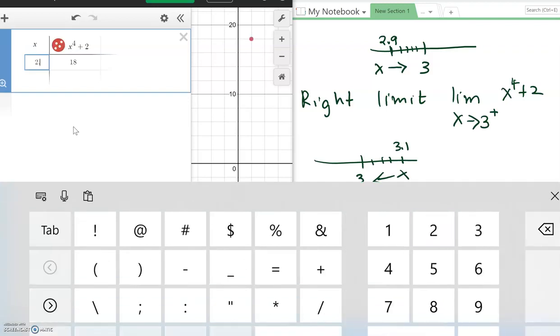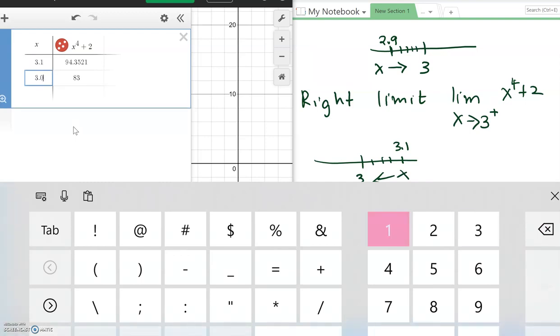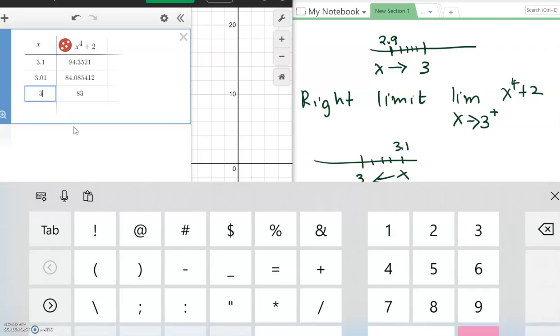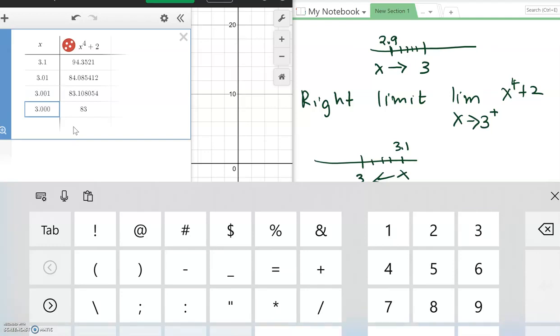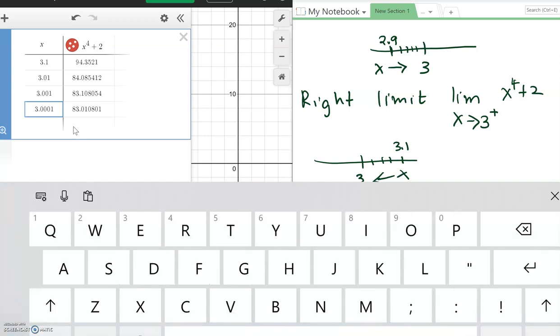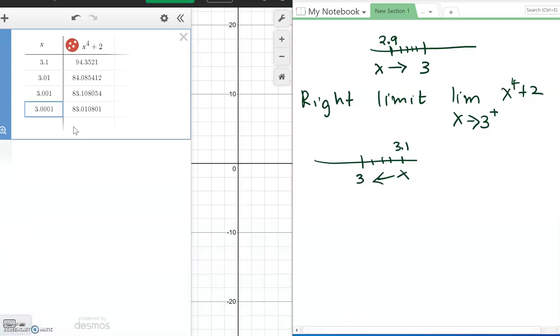So we're going to start off with 3.1, and then it's getting closer to 3, so 3.01, 3.001. So we can see that it's moving closer to 83. And as we get closer and closer to 3 from the right side, the y value becomes closer to 83. So the limit here is 83.